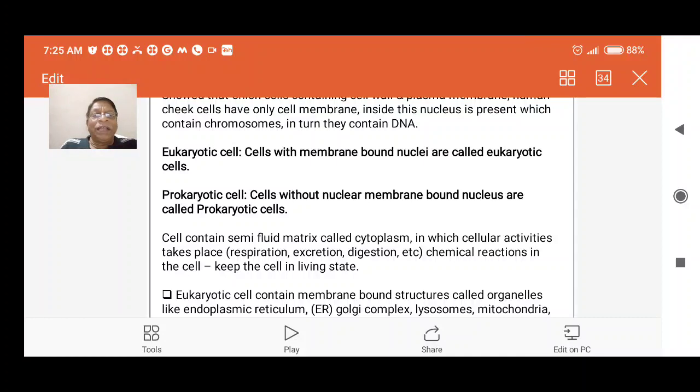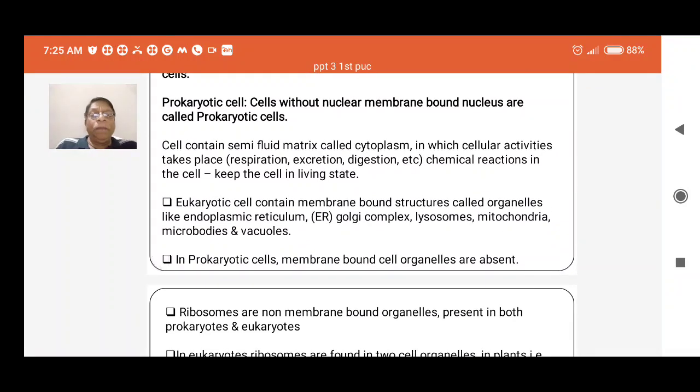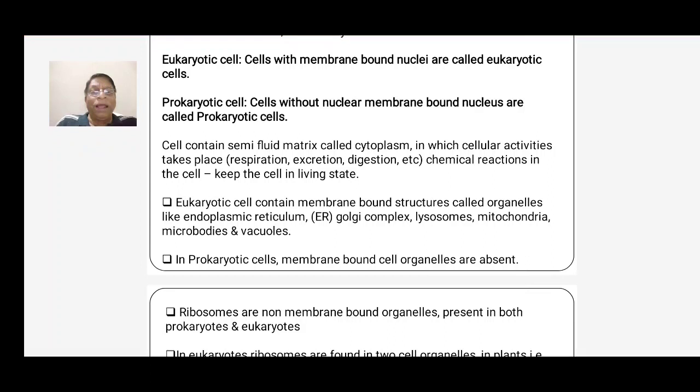Eukaryotic cells contain membrane-bound structures, means organelles. The cytoplasm contains many cell organelles like endoplasmic reticulum, Golgi body or Golgi complex, lysosomes, mitochondria, microbodies, and vacuoles.